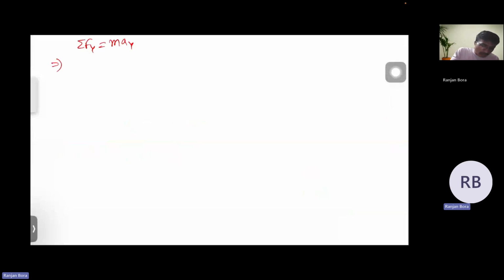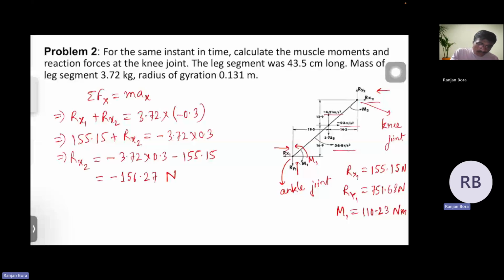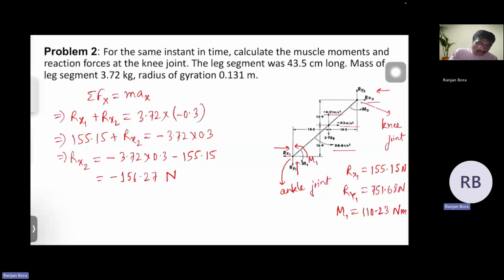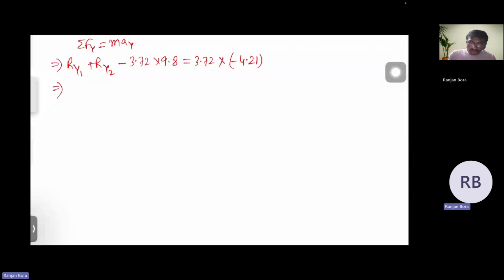So Ry1 plus Ry2, and the weight, which is acting in the negative y direction, minus 3.72 multiplied by 9.8, equal to mass 3.72. Acceleration in the y direction is minus 4.21 meter per second square, and the value of Ry1 is 751.68.